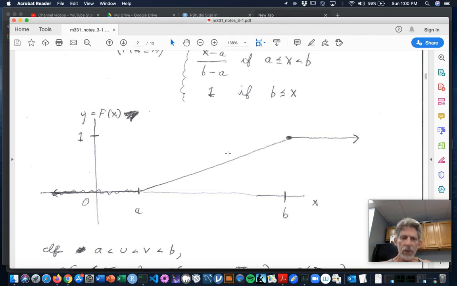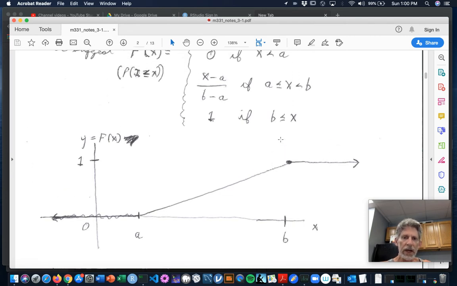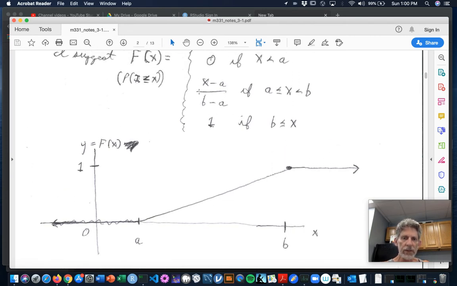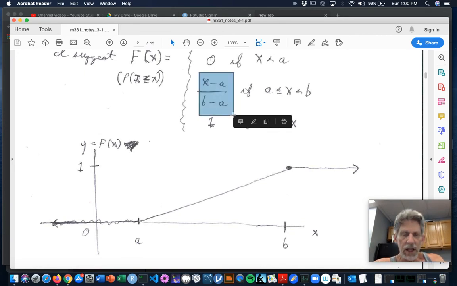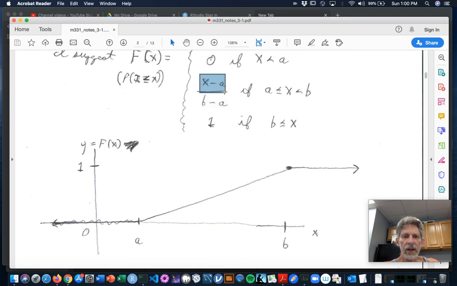Now, there's this part where it's rising, and maybe that's not so clear. But initial indications are good because when you look at the formula for that rising sloped line, you see that the top of it could be thought of as the length of an interval from a to x, like if x were here where my cursor is. So the length from a to x is x minus a.